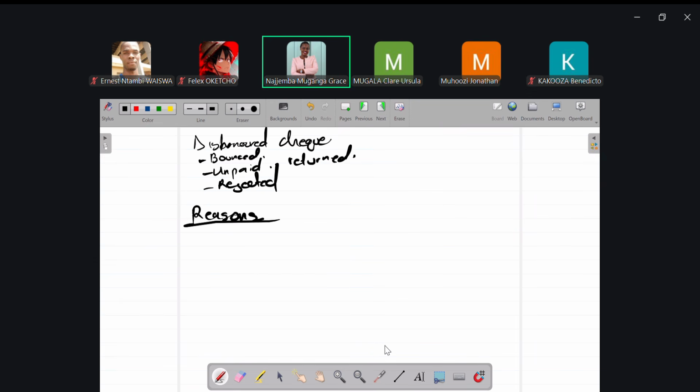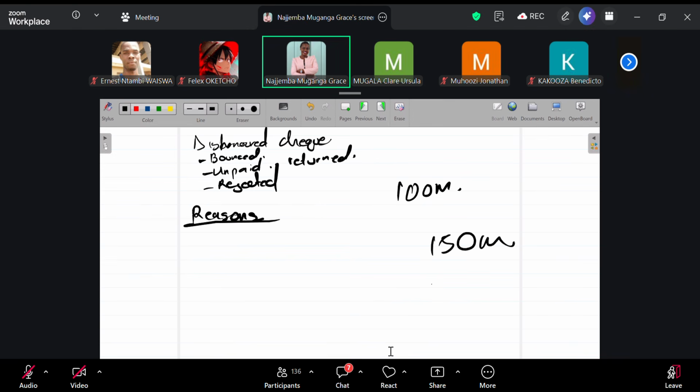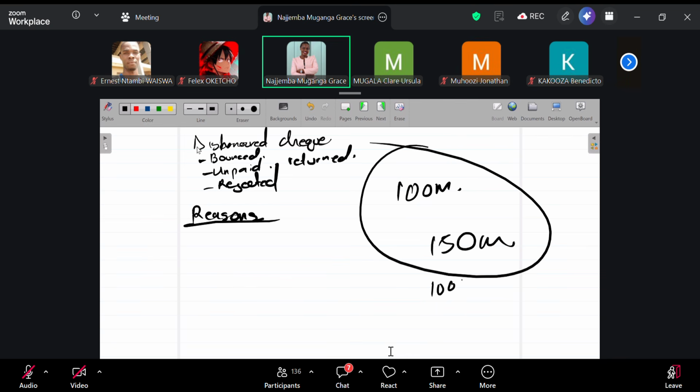Insufficient funds, yeah. You have 100 million on your account, you're saying pay so and so 150 million. The bank will not say, okay, let's give them what we have. They'll simply reject your check. We're together.